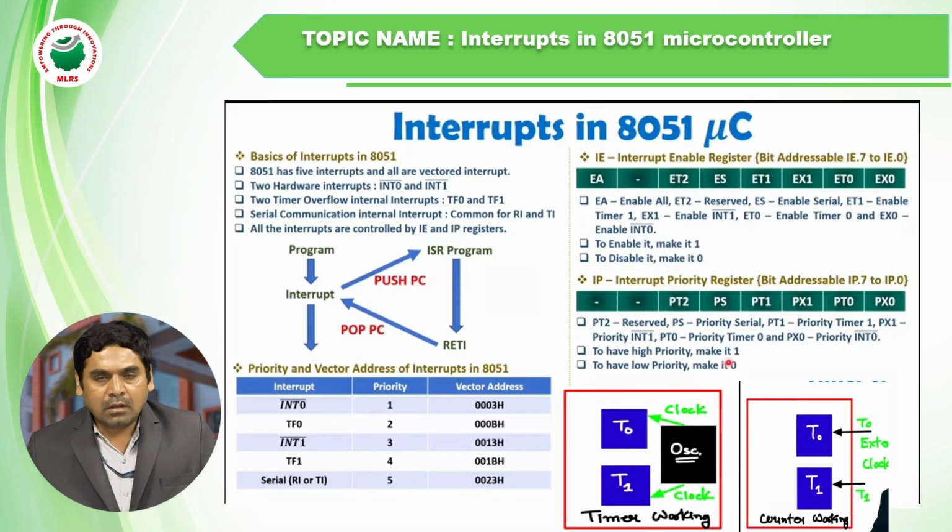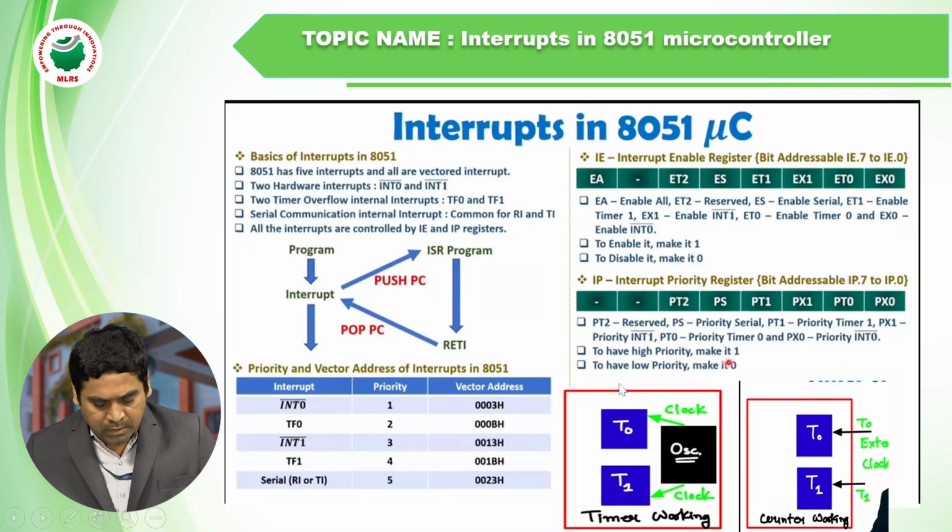The other two are the hardware interrupts, INT0 bar and INT1 bar. During main program execution, these five types of interrupts can occur. So, how are priorities given?